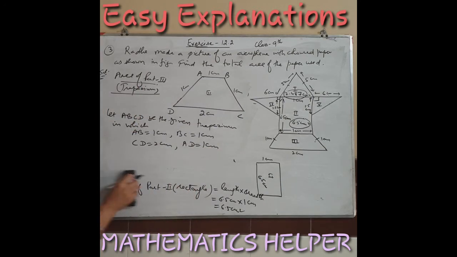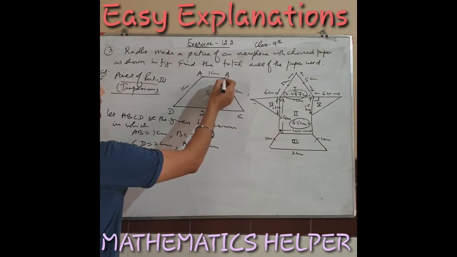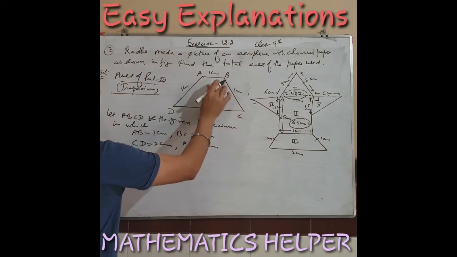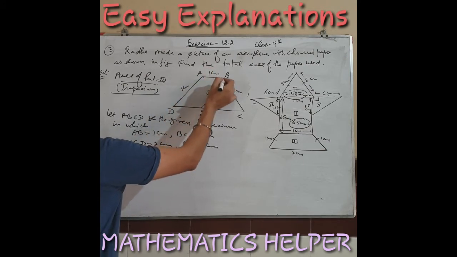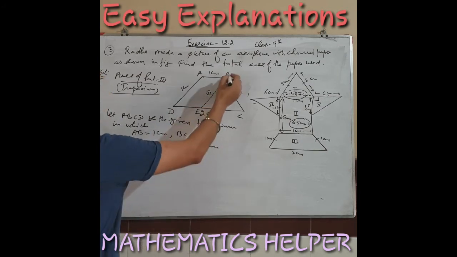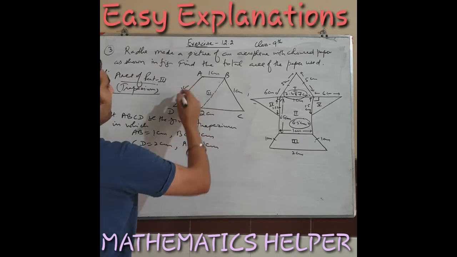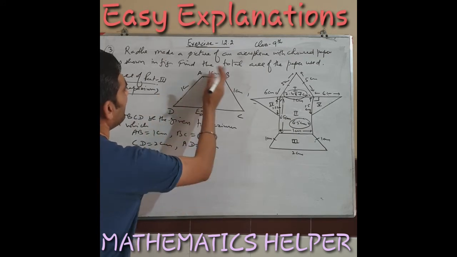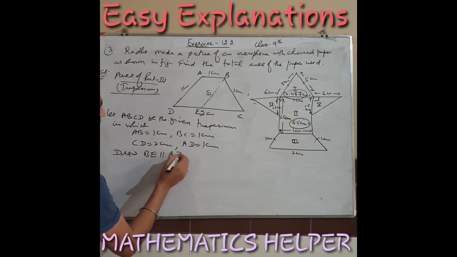Then you need one more thing here, that is a construction. I will draw a line from B parallel to this AD, towards this E, so that this BE intersects CD at E. This left part will be a parallelogram, so we will mark it. Draw BE parallel to AD.